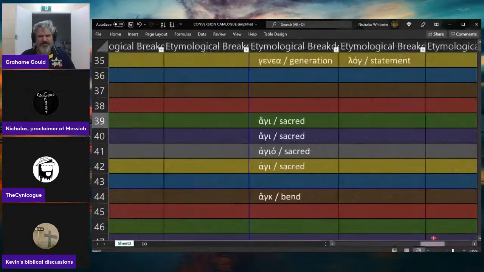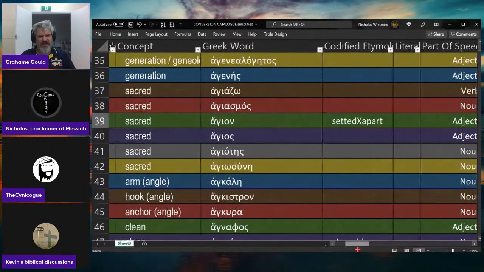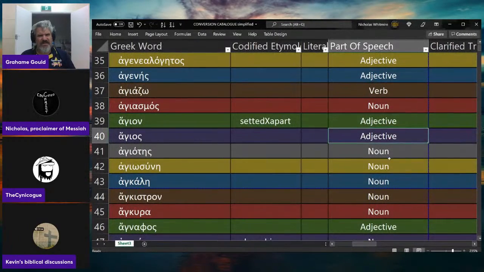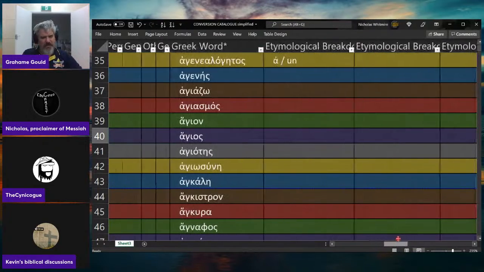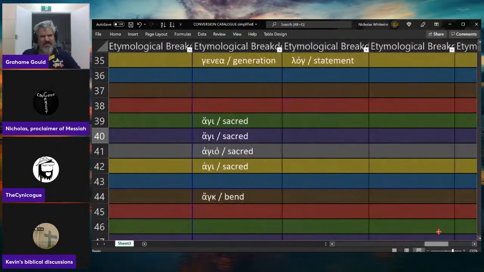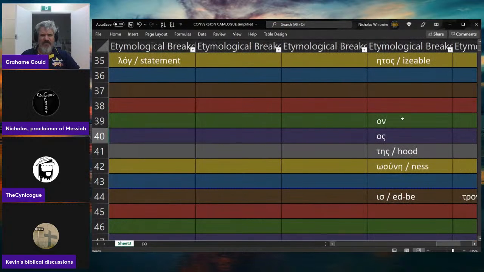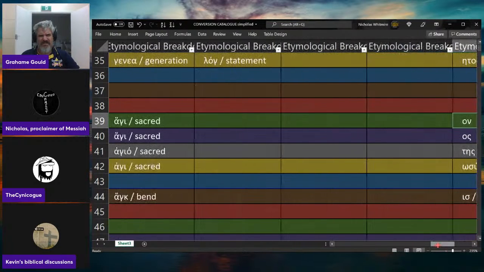Yeah, so agion and agios are actually essentially slightly different forms of the same word. In my opinion, they could have just had the same Strong's number, as far as I can tell. But those just mean sacred, the adjective, and then these endings are just the adjective ending, I guess, in this case.